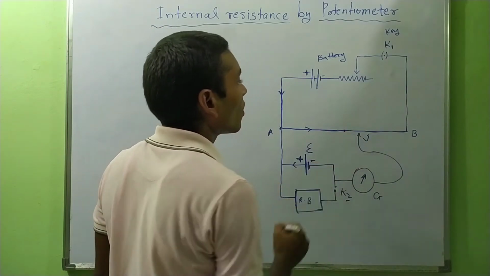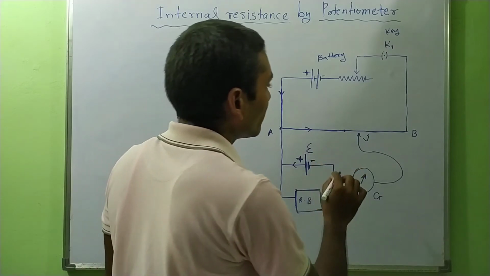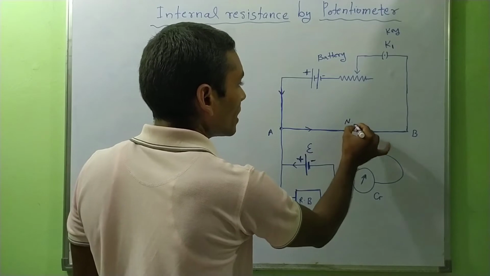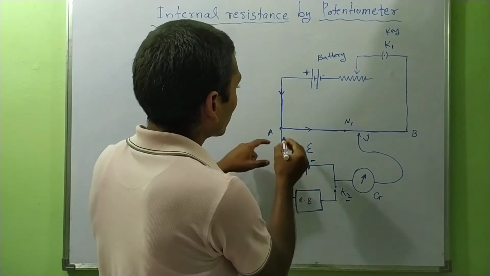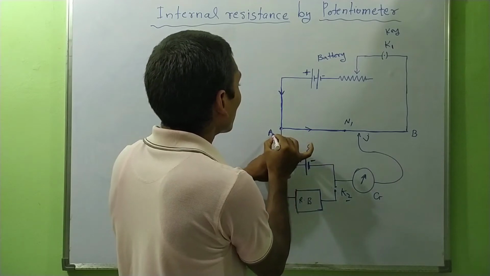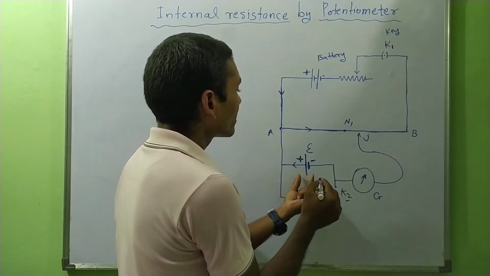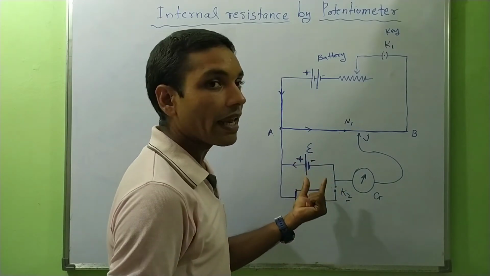This point is called the balanced point. Let this balanced point be N1. At this balanced point, the potential difference between point A and N1 is equal to the potential difference between the two terminals of the cell.